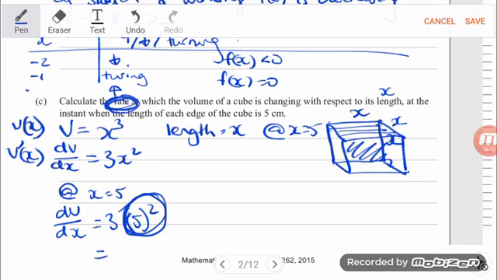So 3 times 25 is 75. And it's changing at a rate of 75 centimeters. Sorry, squared.